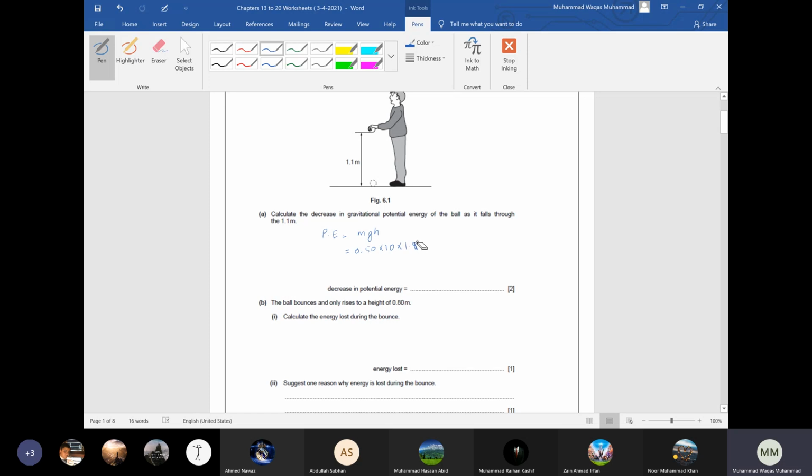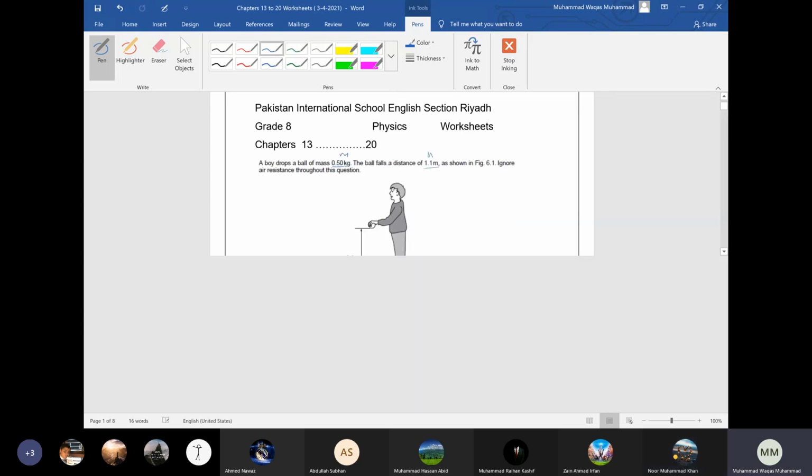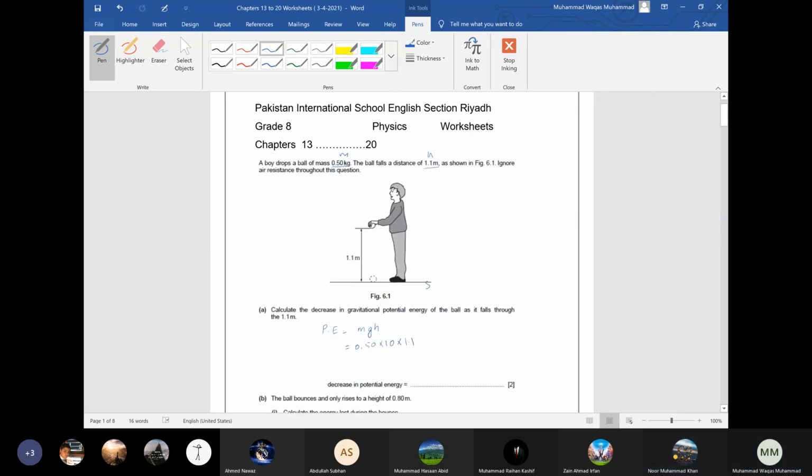So if you solve this, what answer do you get? 5.5 joules. Clear, beta? Is this clear to everyone?